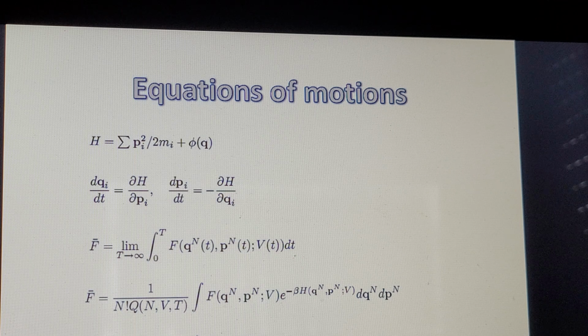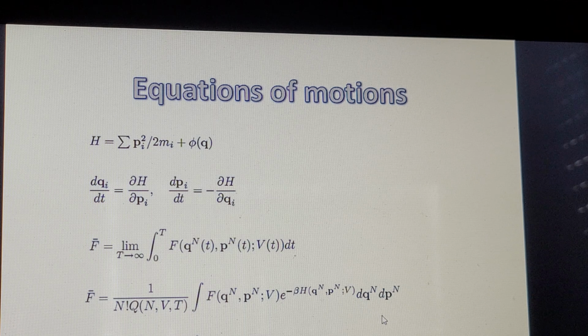And Q is the partition function. And beta is 1 divided by kT, which is defined by the Boltzmann constant, and H is the Hamiltonian, and Q is the position.